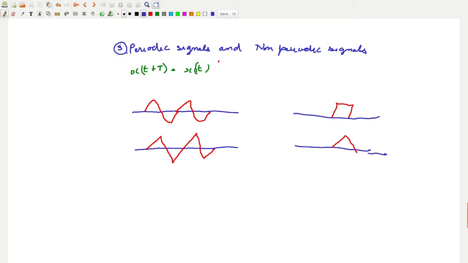Now we shall move to some elementary signals, some basic signals which are available for us. First of the elementary signals is the unit step function. So we will see a few elementary signals.